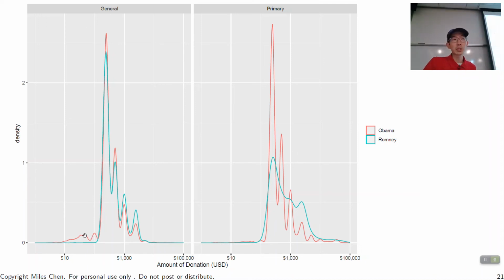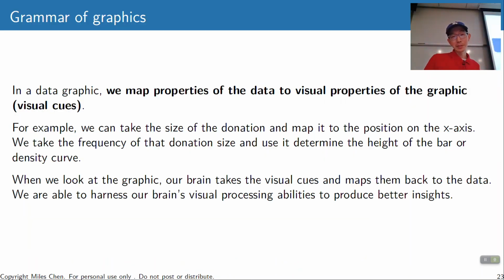This is something where you notice something a little bit strange and you go, let me double check the data set to make sure I didn't accidentally throw away some data or something went wrong. I didn't do that, so I don't know. The data set seems to suggest that nobody donated less than $100 to Romney, but that does sound a little bit strange. Is that really the case? I don't know. Who knows, right?